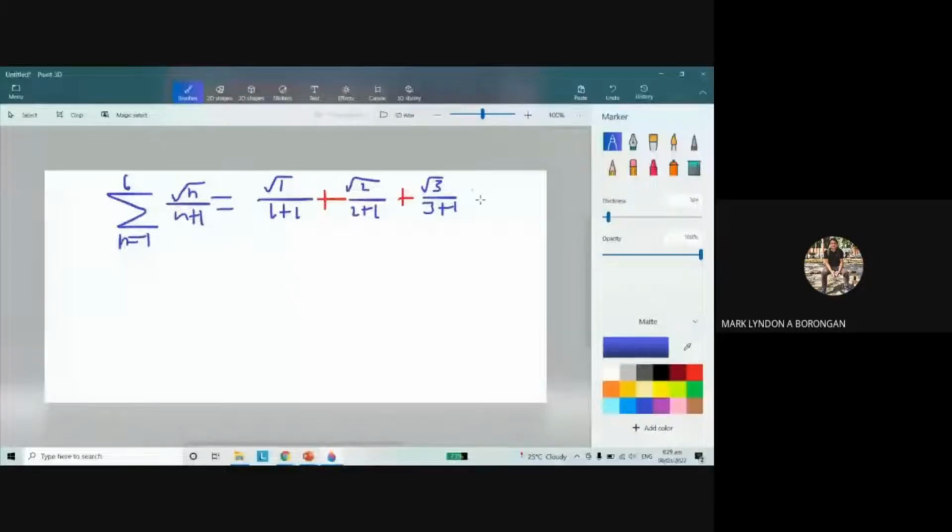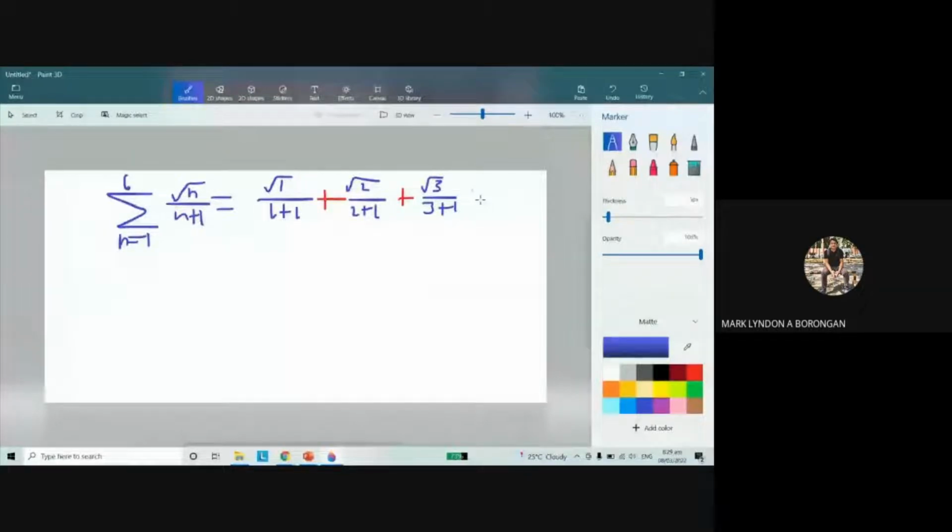Okay? Last na po, the square root of 3 over 3 plus 1 na po. Ano na siya, guys? N na yung gigamit ani. So, dapat N na siya. Okay? And then, add na po ta.